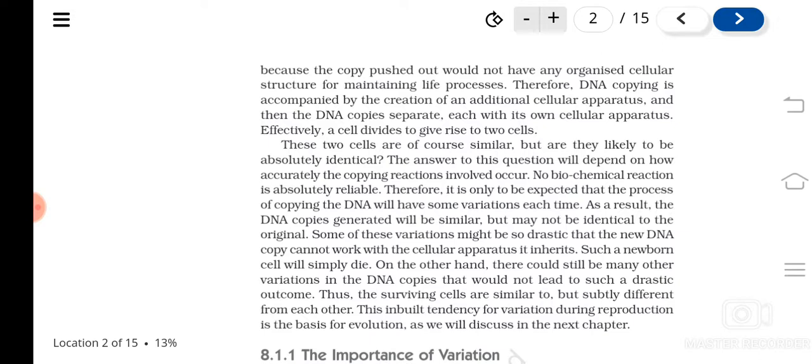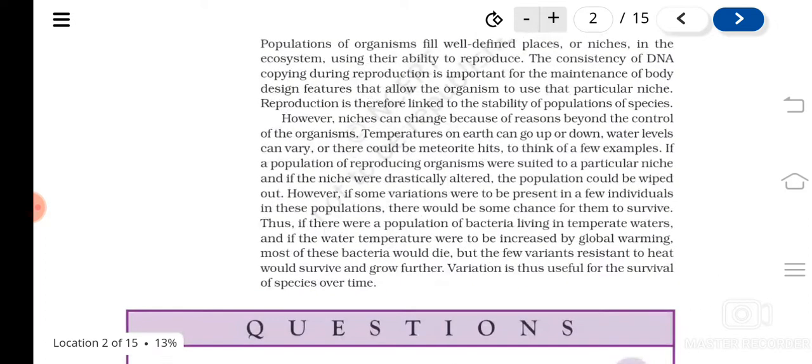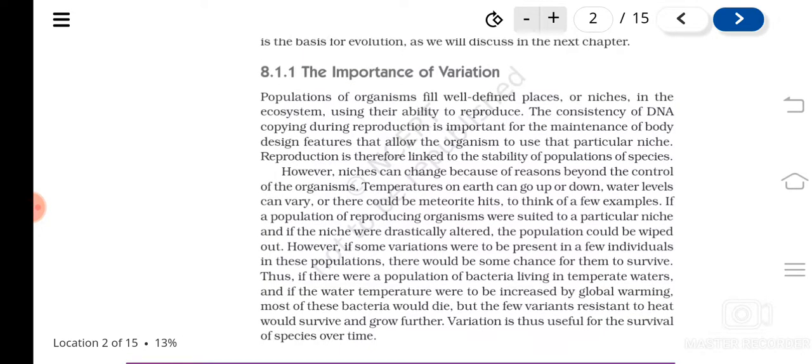Understood? And there can be some changes during DNA copying, because no biochemical reaction is absolutely reliable, so there can be some differences, and this results in variation, isn't it? This variation is very important for the evolution process. Variation in sexual reproduction is much more than in asexual reproduction, and this is the reason sexual reproduction is preferred by nature over asexual reproduction.